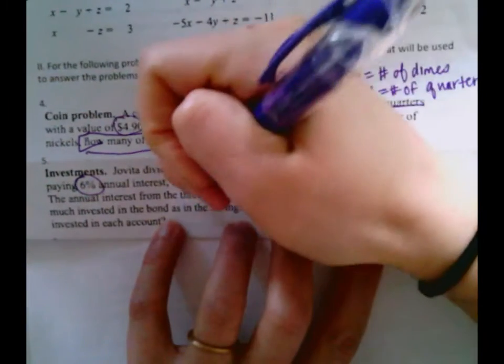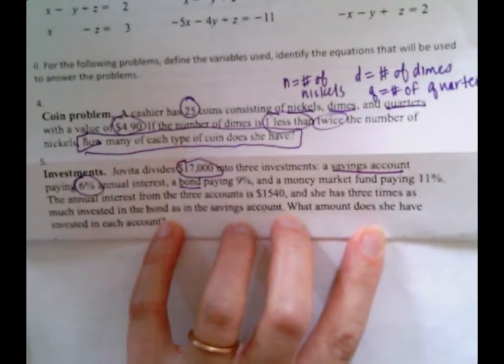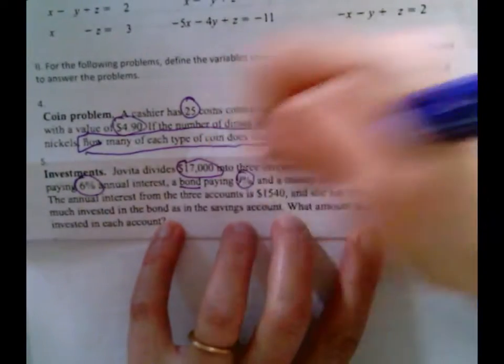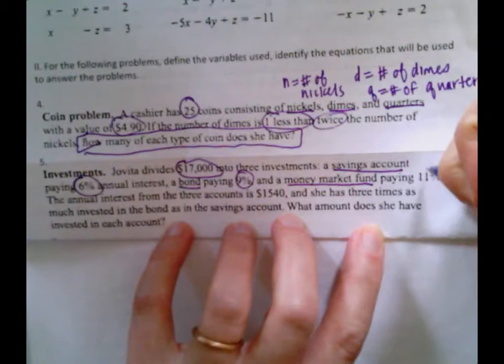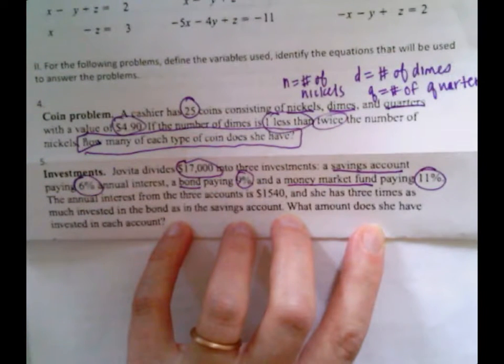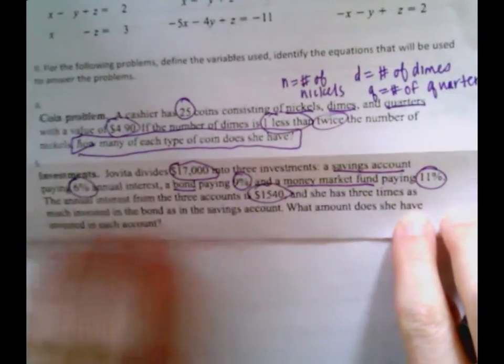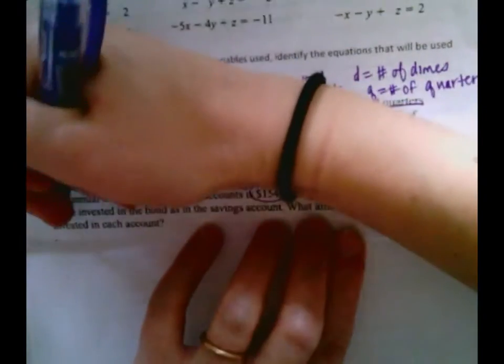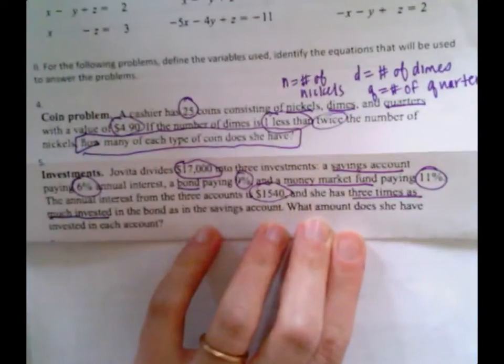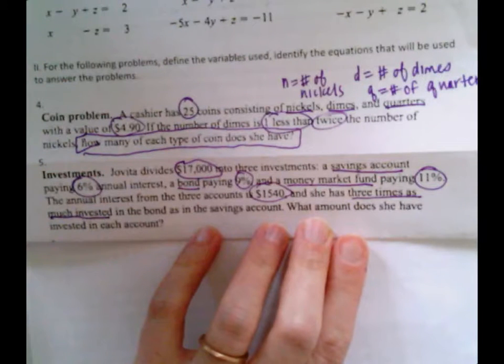A bond where it's paying 9% interest, and then a money market fund, which is similar to a mutual fund, paying 11% interest per year. And then it says that the annual interest from all 3 accounts is $1,540. Okay? So first of all, there's one more thing. Then it says, and she has 3 times as much invested in the bond as in the savings account.